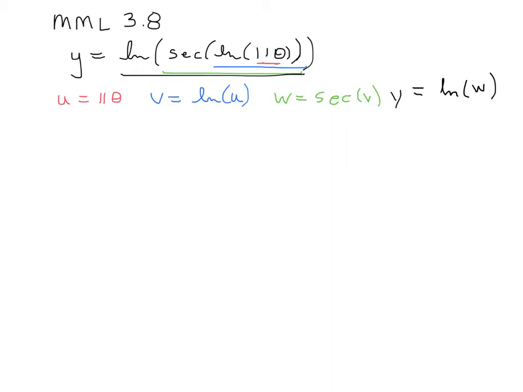So I find the derivatives of each one of these. The derivative of u is what? 11. All right, the derivative of v is? And what's the derivative of dw dv?